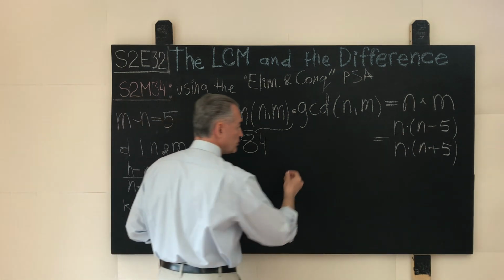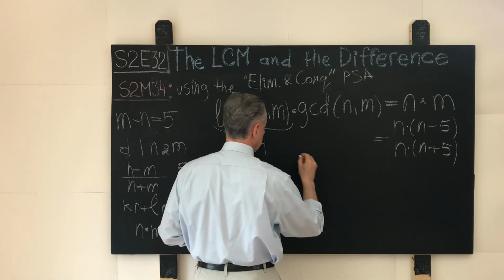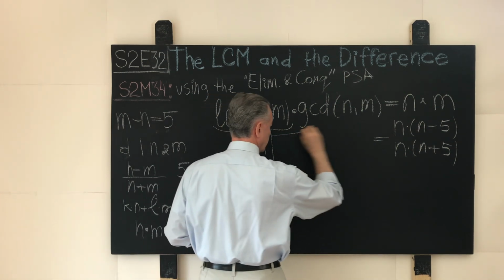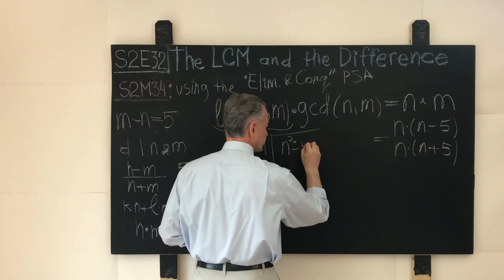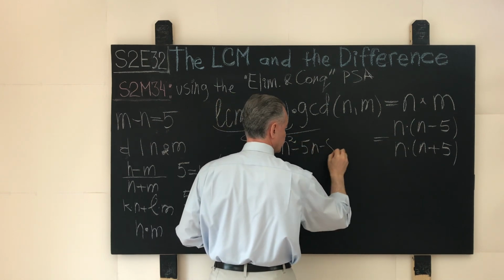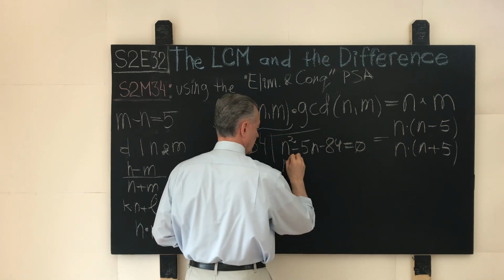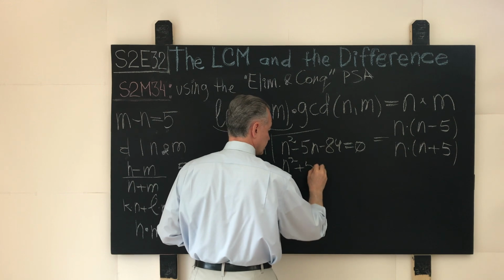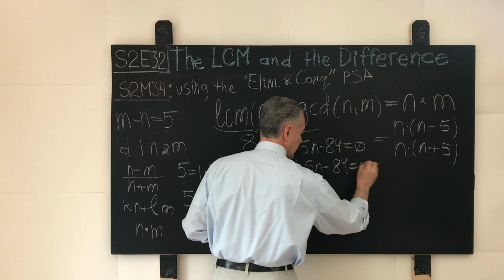But now we write down two equations that are quadratic in n. So what will it be? n squared minus 5n minus 84 is 0, and then n squared plus 5n minus 84 is equal to 0.